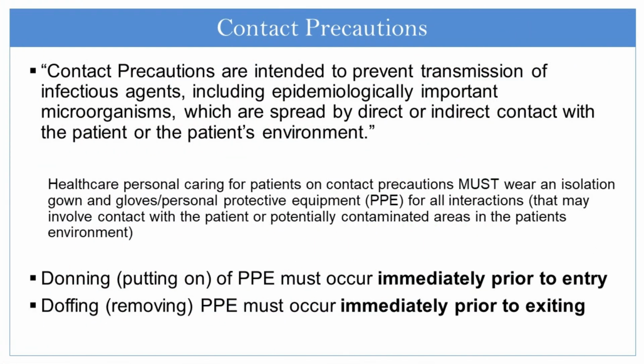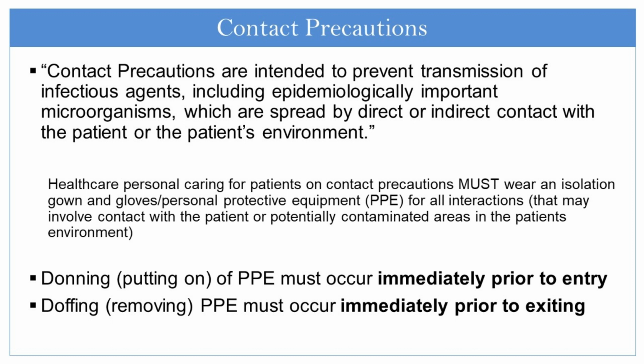Contact precautions. The contact precautions are intended to prevent the transmission of infectious agents, including epidemiologically important microorganisms, which are spread by direct or indirect contact with the patient or the patient's environment. Healthcare personnel taking care of patients on contact precautions must wear an isolation gown, gloves, personal protective equipment for all interactions that may involve contact with the patient or potentially contaminated areas in the patient's environment.